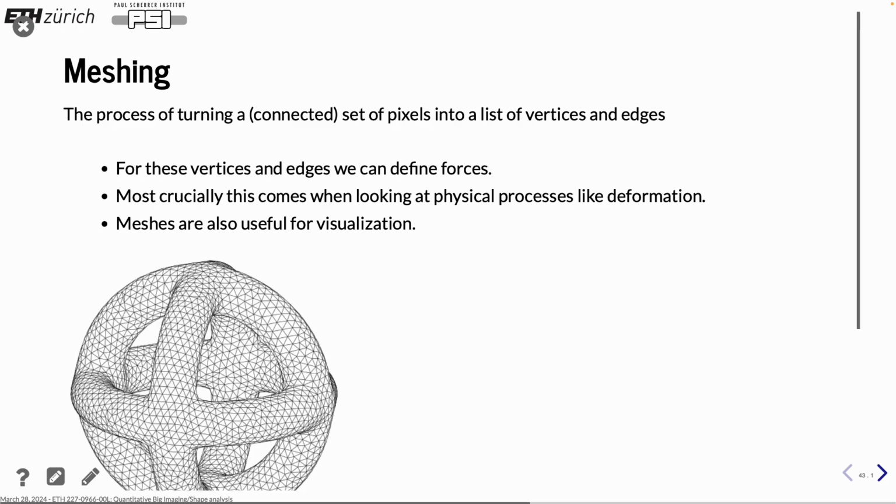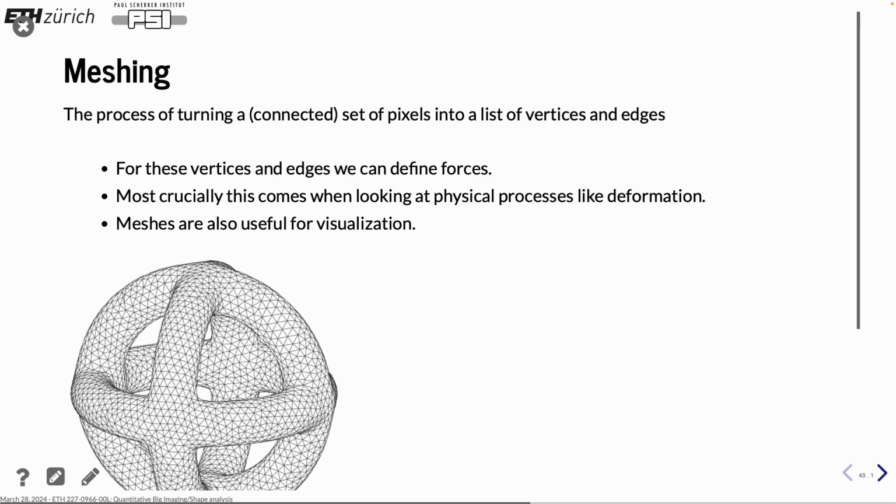And these meshes, they are not only useful for visualization, but you can also use them if you want to plug it into some finite element simulation to simulate whatever physical process you want to look at. Can be a flow field, magnetic fields, whatever.